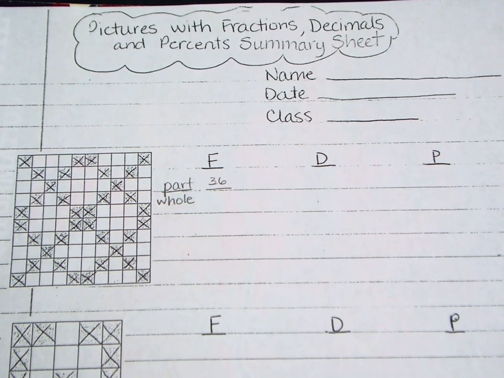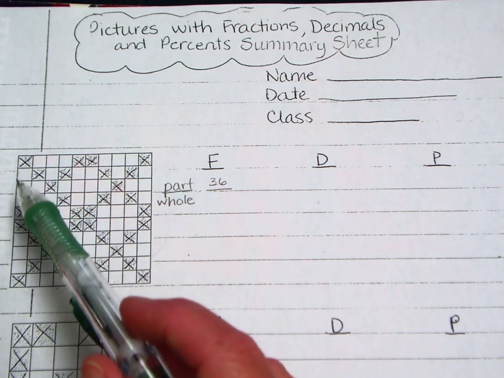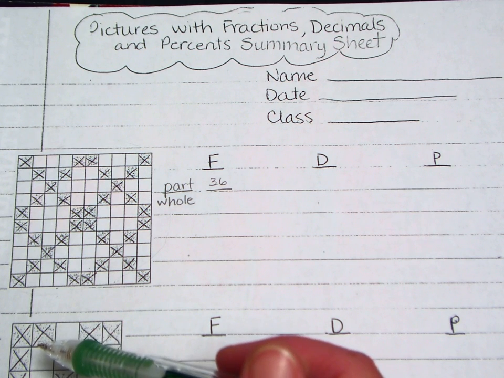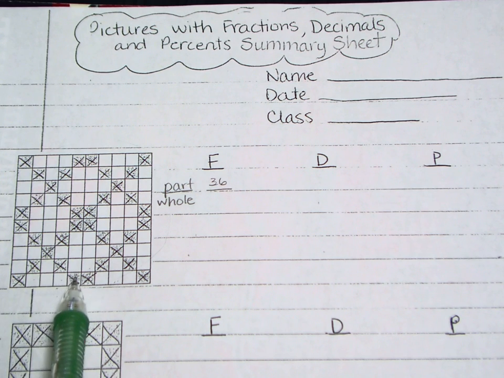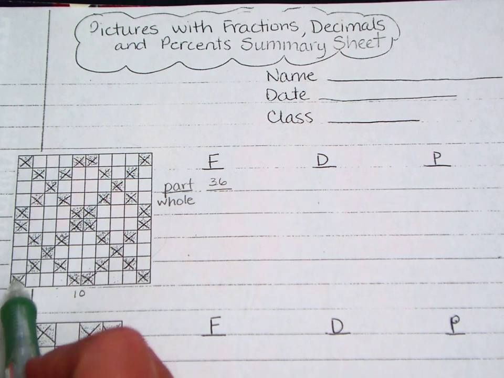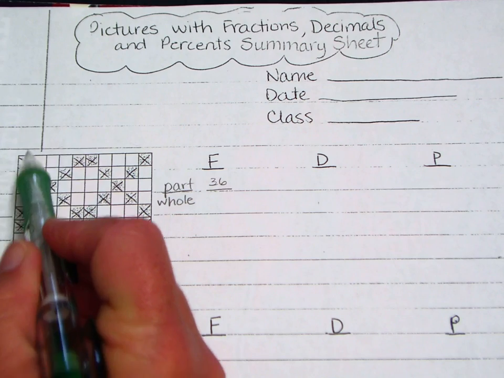My whole is how many pieces there are all together in this picture. Instead of counting one by one, I'm going to use the multiplication that I know, and count the bottom row: 1, 2, 3, 4, 5, 6, 7, 8, 9, 10. And I'm going to count the side row: 1, 2, 3, 4, 5, 6, 7, 8, 9, 10.